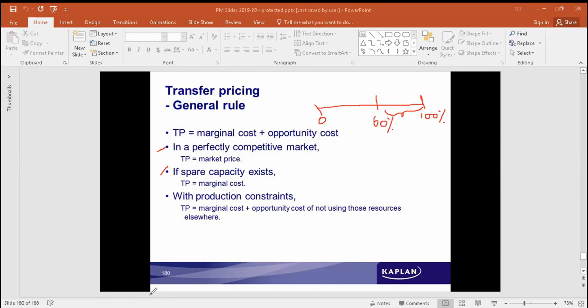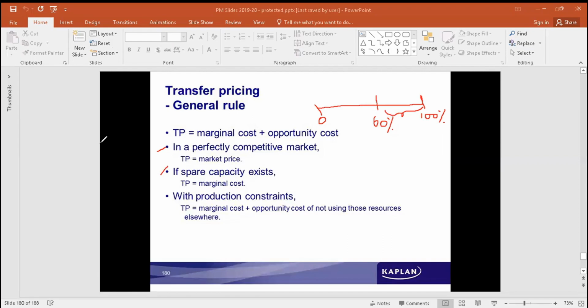By cutting down the number of units, some contribution is foregone. That foregone contribution is the opportunity cost. That opportunity cost should be added to the variable cost, and whatever it is, added to decide the transfer price.